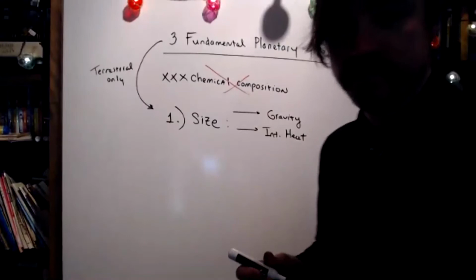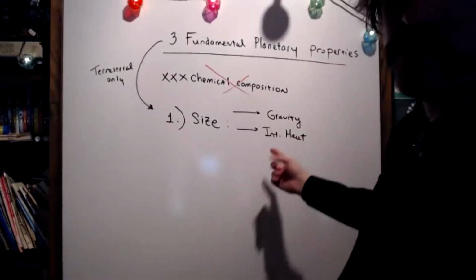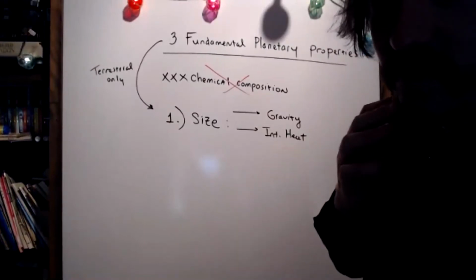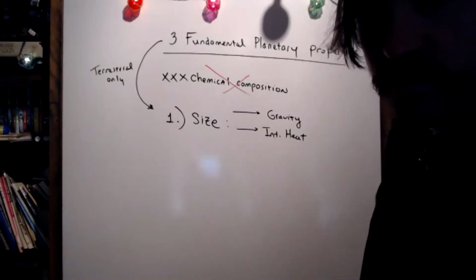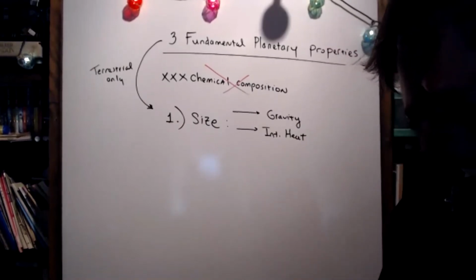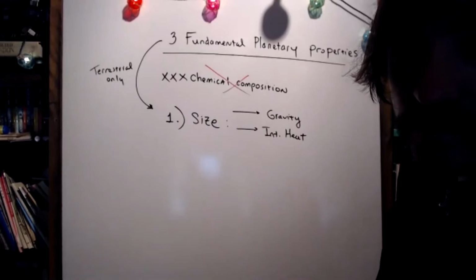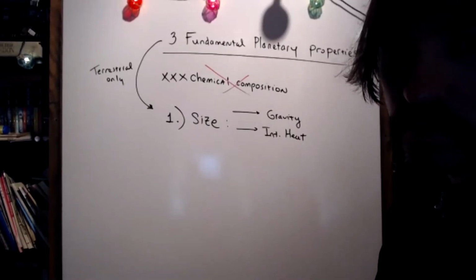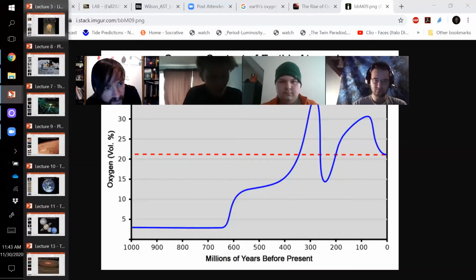Why does internal heat matter for the evolution of a planet? What does internal heat have to do with what we've been discussing over the last few chapters? Do you guys remember anything about the internal heat of planets?